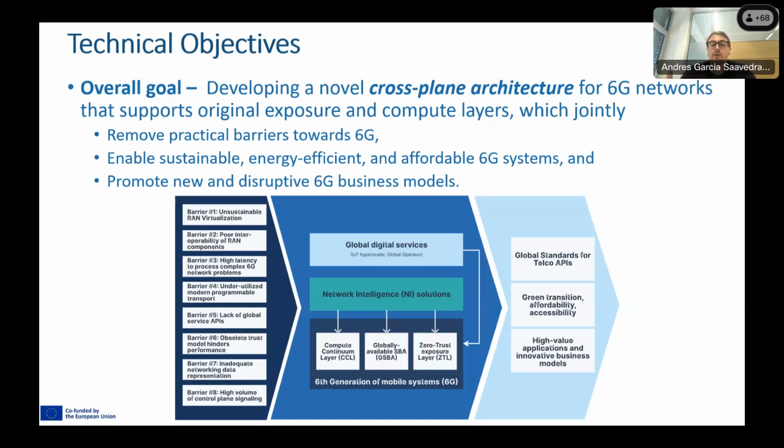The second is the globally available service-based architecture. Here the idea is to connect different planes together. By different planes, I refer to those coming from different standardization bodies like 3GPP, ETSI, Open RAN, but also other planes that have been defined in previous projects, like one plane that we call the network intelligence plane, for all that has to do with not only artificial intelligence and machine learning, but also more traditional optimization solutions based on convex optimization, statistical analysis, all those things.